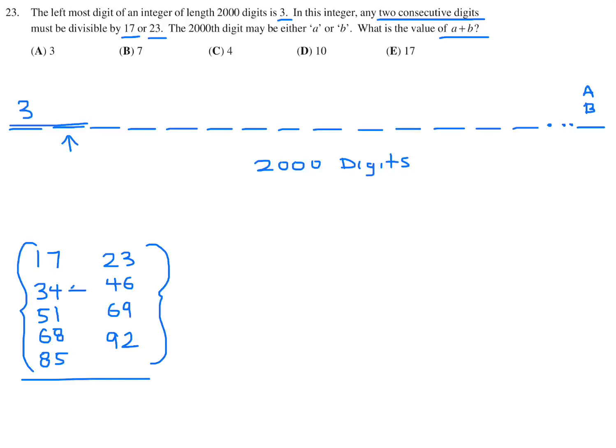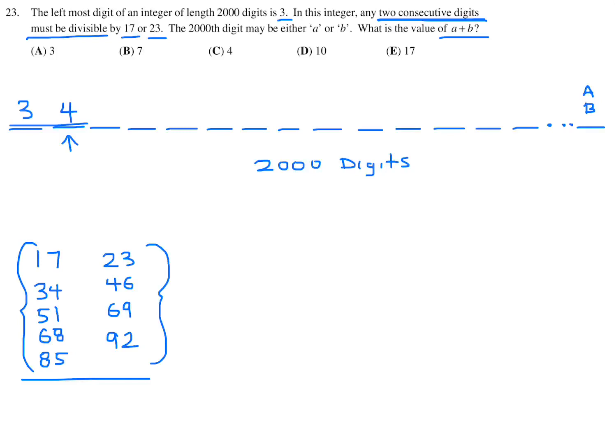The only one is here. So this has to be a 4, because any two consecutive digits must be divisible by 17 or 23. If I put in a 34, it is indeed divisible by 17. So that works. I can't put in any other number there.